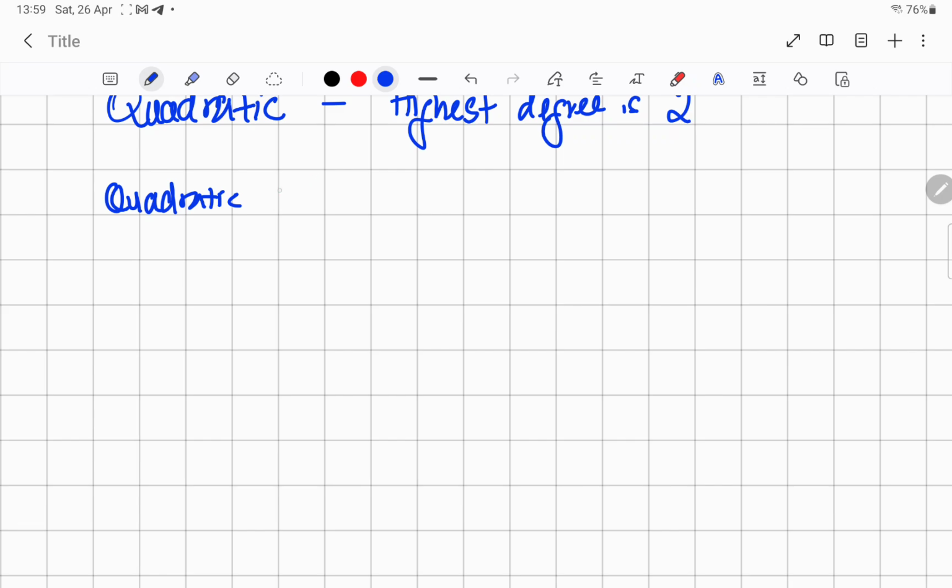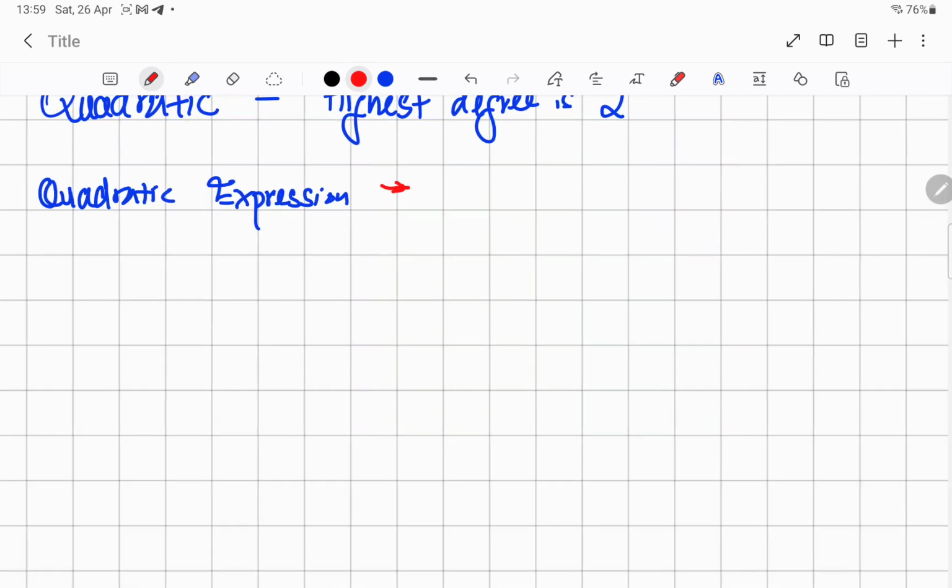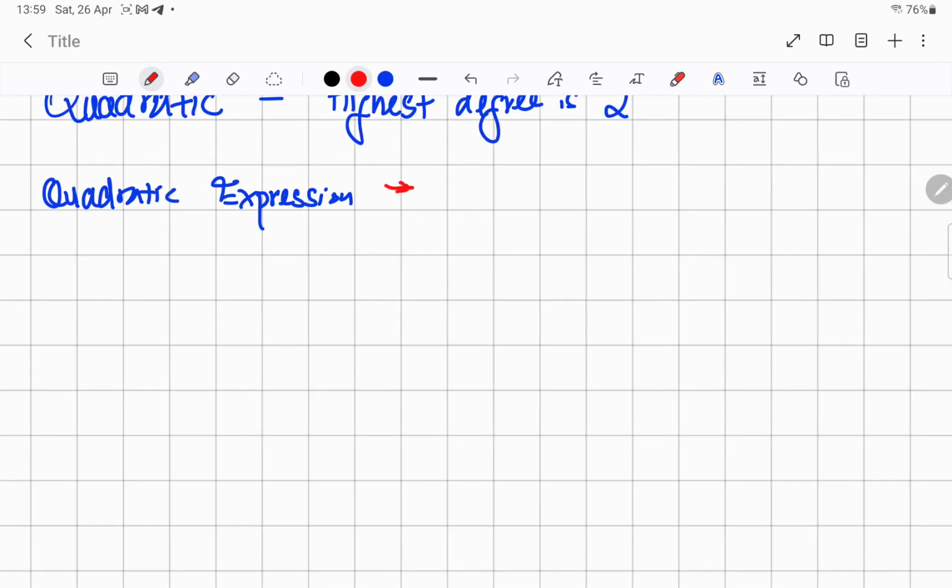So quadratic equation, quadratic expression. We start with quadratic expression first. What is this? Quadratic expression is, for example, x squared plus 2x plus 3. This is an expression.